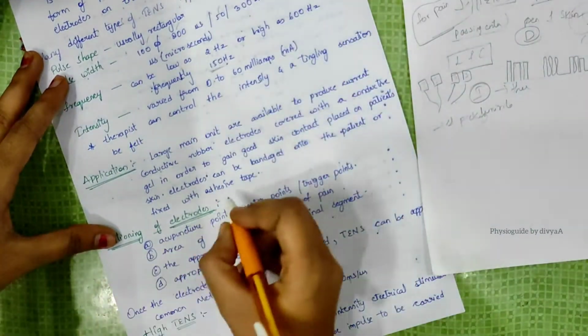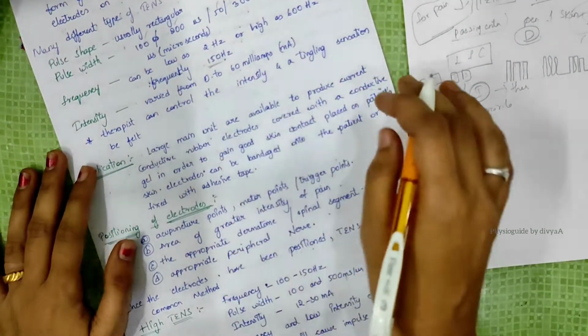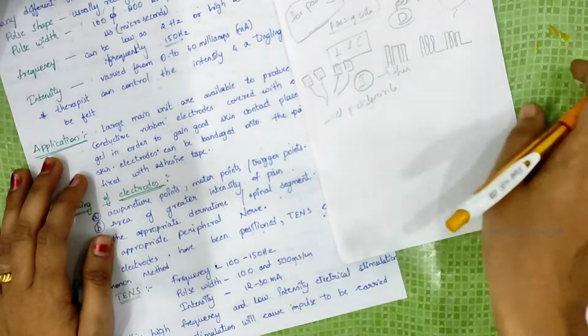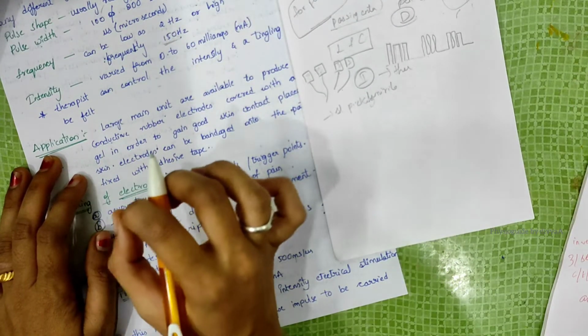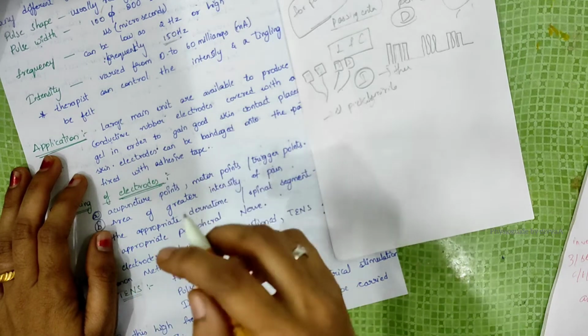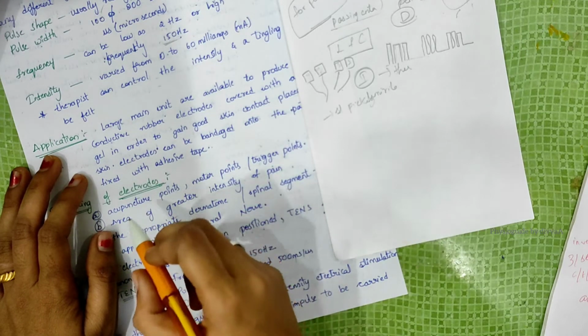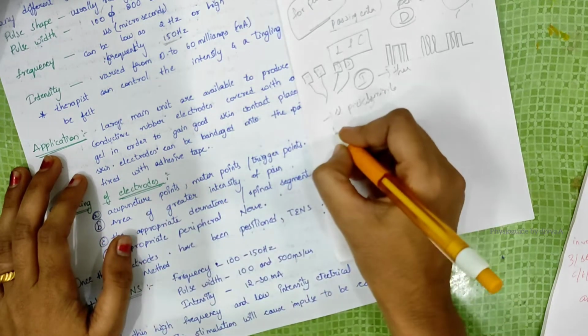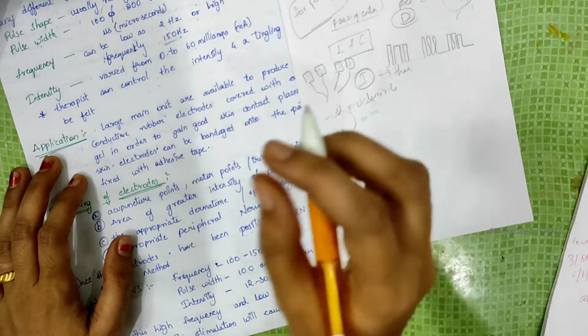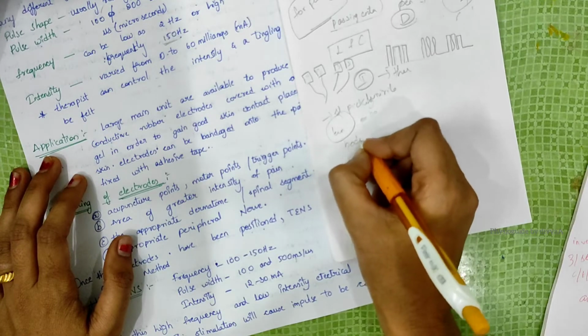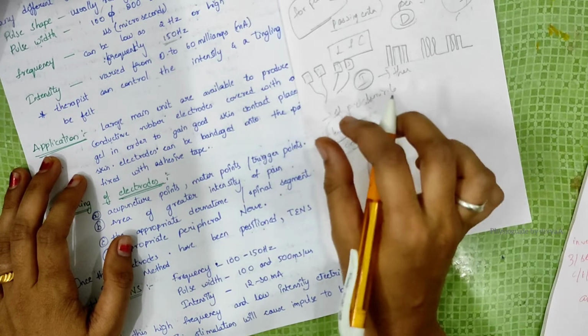Now, position of an electrode: where electrodes are to be placed. Acupuncture points means the main points, areas of the skin related to certain landmarks on the body, specific points on the body. Those points are called acupuncture points.